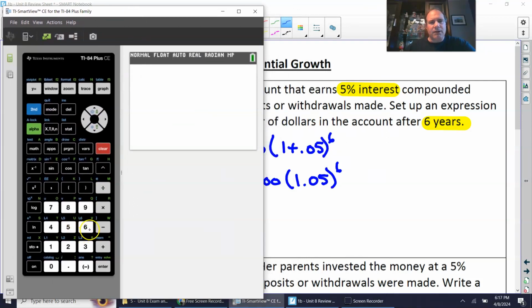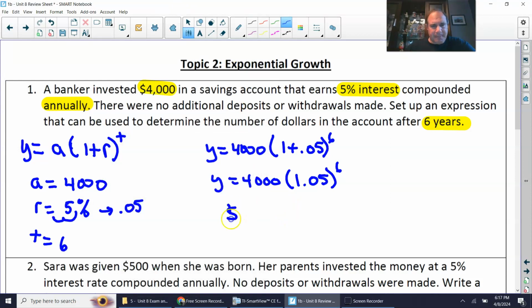And we are going to put 4,000, that was the initial investment, times 1 plus 0.05, or you could put 1.05, doesn't matter, to the 6th power. You press enter, you get 5,360.38.